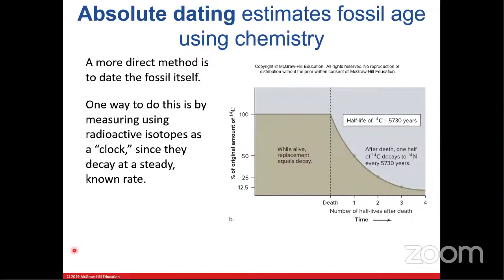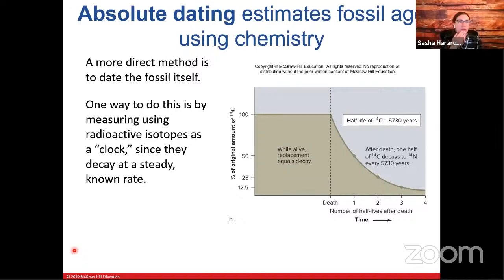Okay, so there is a little quirk that I would like to go over with this carbon dating, which has to do with adjustments.